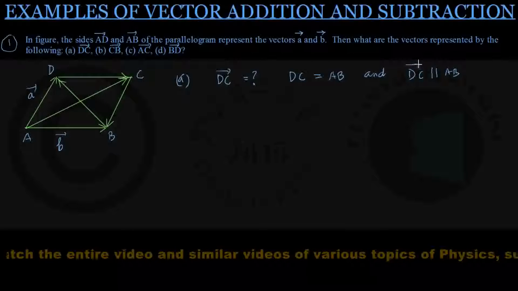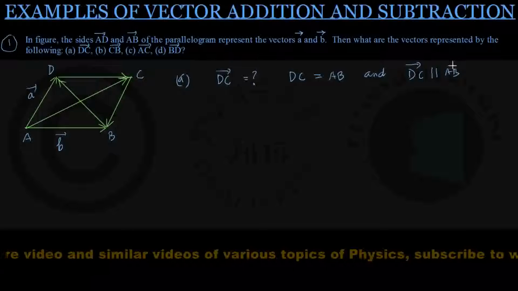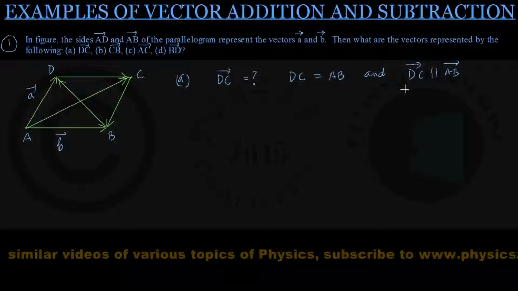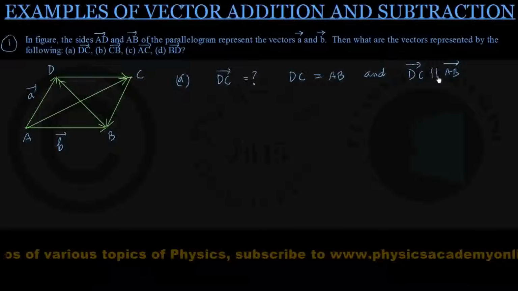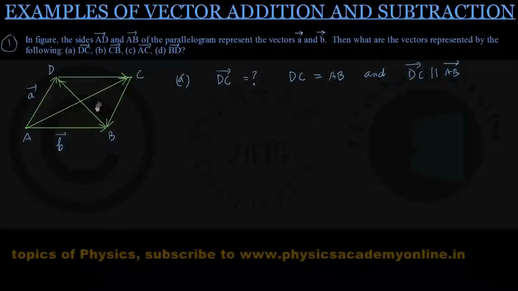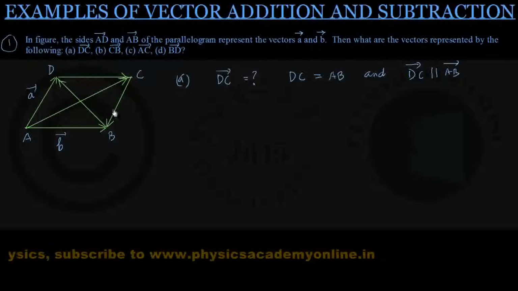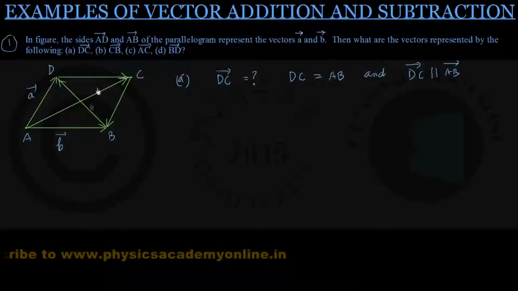So this DC vector and the AB vector arrow, they are parallel and they have the same length. And I have said before, two vectors are said to be equal if they have the same length, they have same or parallel lines of support, and they have the same sense.